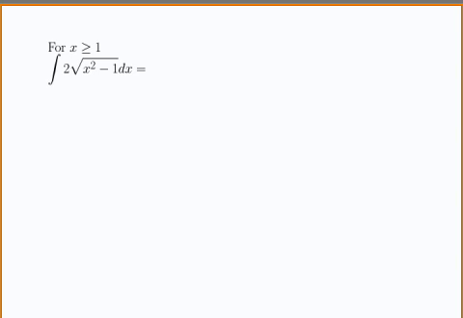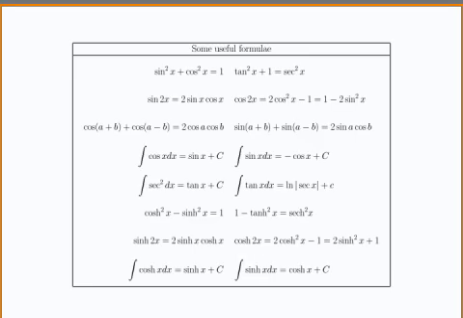And that is helpful because, if you remember, we have the identity cosh squared x minus sinh squared x equals 1. And that means that cosh squared x minus 1 is equal to sinh squared x.